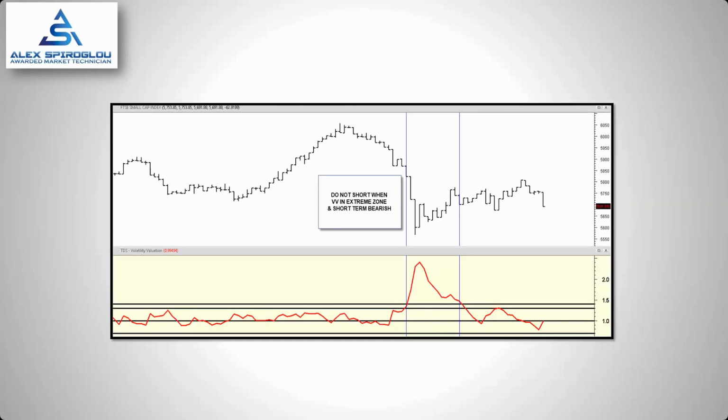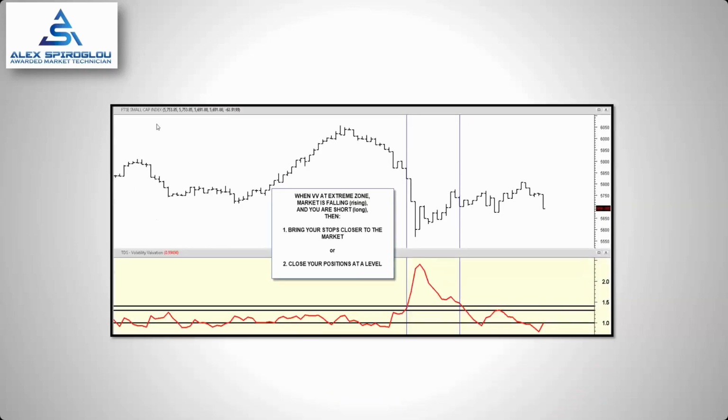For example, you can say, I do not want to be shorting when the volatility valuation indicator is in the extreme zone and I'm bearish, or you can use it as an exit filter.